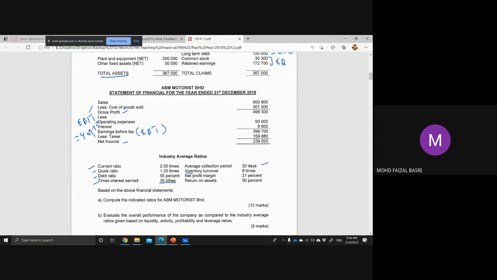Last time, ratios like current, quick ratio, times interest earned, ACP at least 2, 4, and inventory turnover, these 5 ratios almost every semester appear. 99% they will use these 5. So 5 out of 8, you can already guess which ones they will ask. So the rest they will rotate.